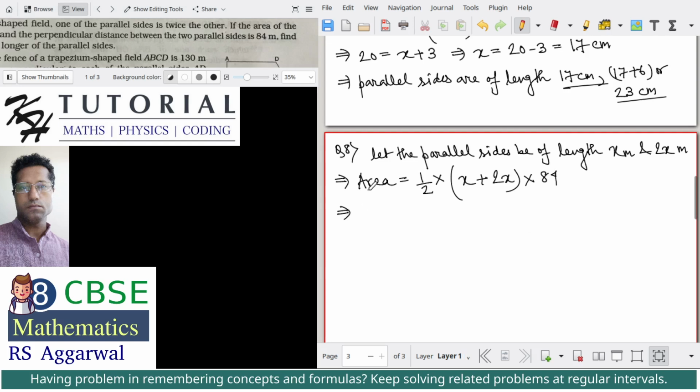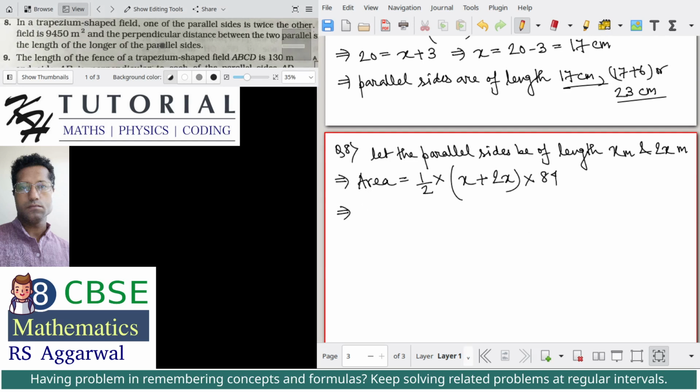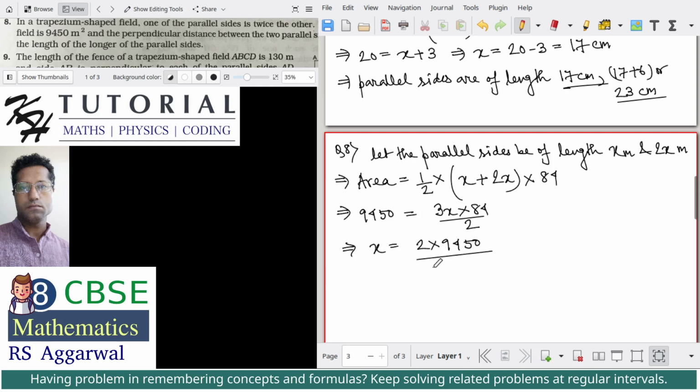So this implies the area of the trapezium is given as 9450. So 9450 is equal to x plus 2x, which is 3x, multiplied by 84 divided by 2. So we have a linear equation in x. If we solve for x, it will be equal to 2 multiplied by 9450 divided by 3 multiplied by 84.